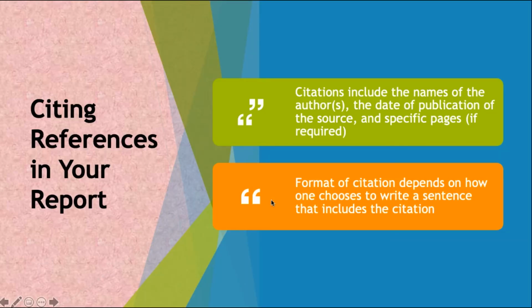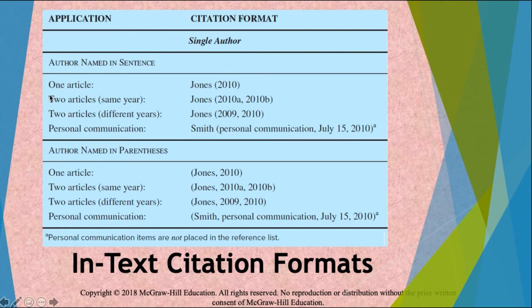So, citing references in your report. A citation includes the names of the authors, the date of publication of the source, and specific pages if required. The format of a citation depends on how one chooses to write a sentence that includes the citation. So this is if one article: Jones 2010. If two articles in the same year, we put Jones 2010a and Jones 2010b.